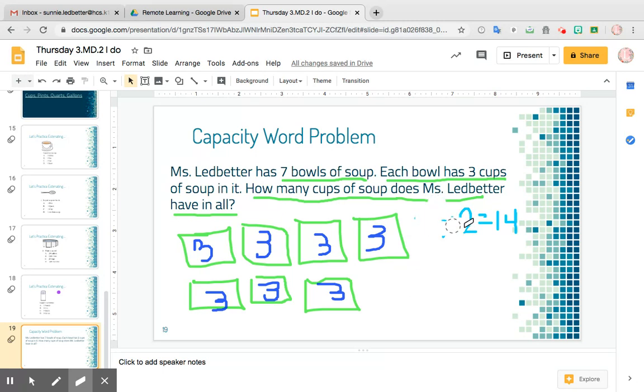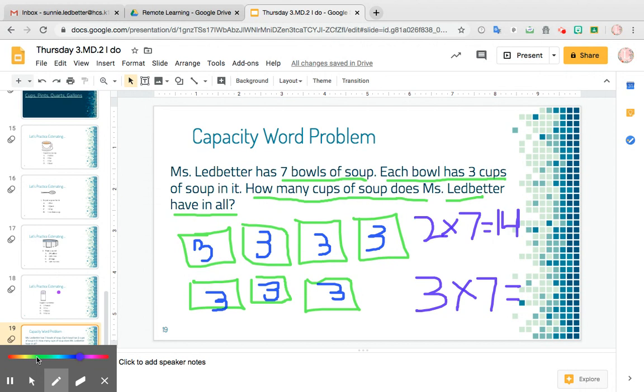I'm going to do 3 times 7. So I'm going to do commutative property. I'm just swapping my factors. So I got 3 times 7 equals. And I was saying that I know that 2 times 7 equals 14.